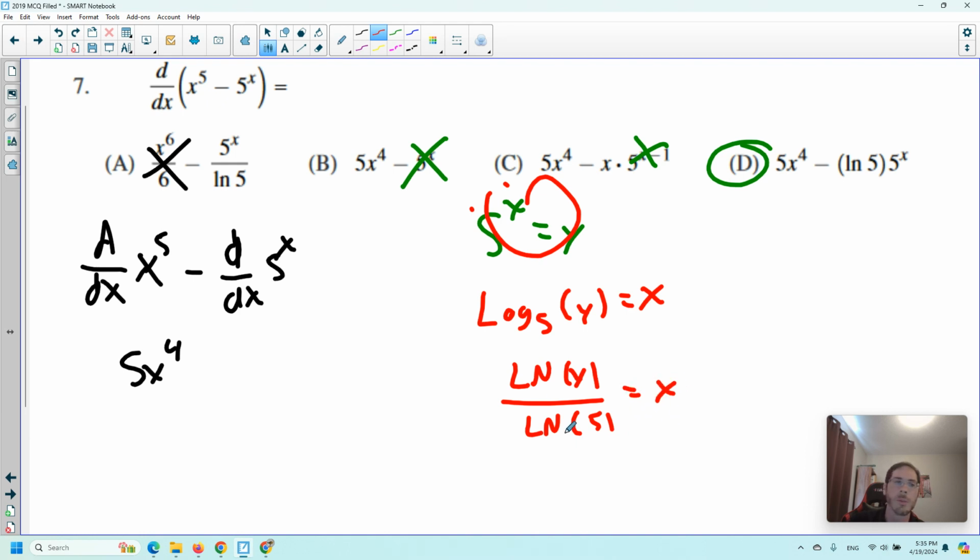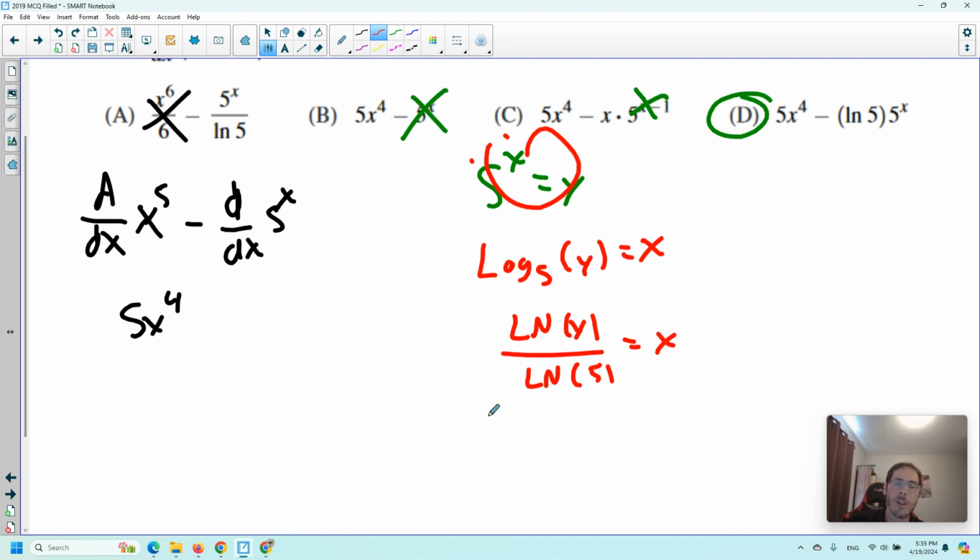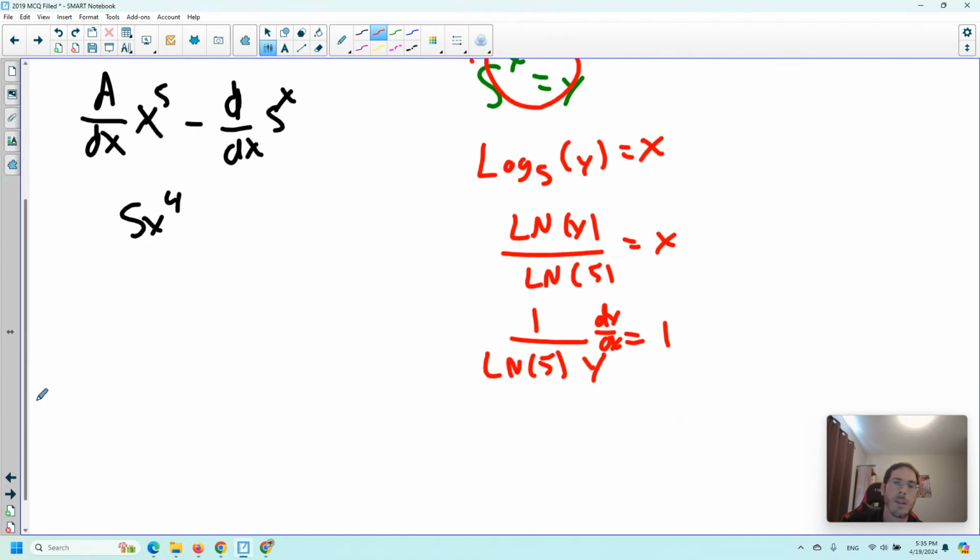And now we can use our implicit skills to take the derivative of both sides. So we get 1 over ln of 5, because that's just a constant. Derivative of ln y is 1 over y, and that's going to equal 1. Again, this is now dy dx. Then we shift this ln 5 times y over to the other side, so we're going to multiply both sides by that.